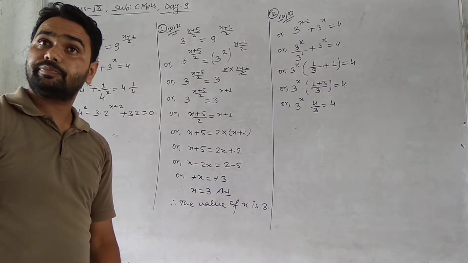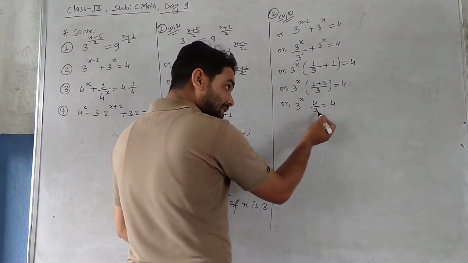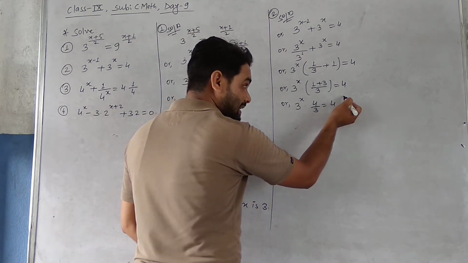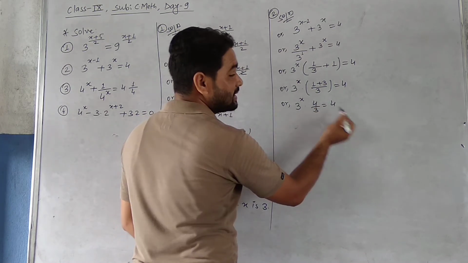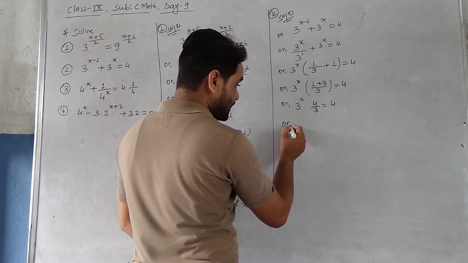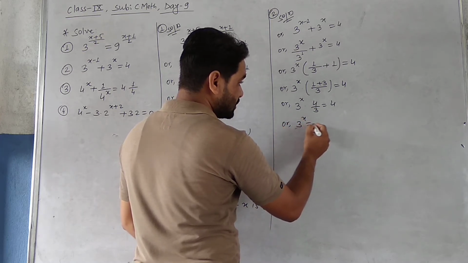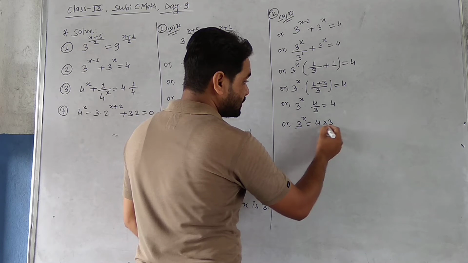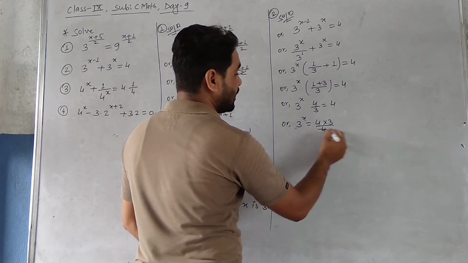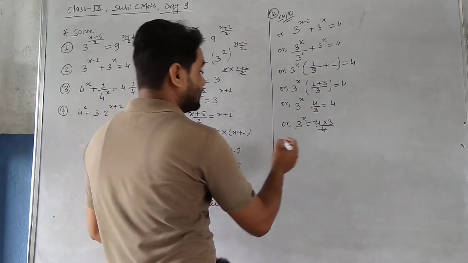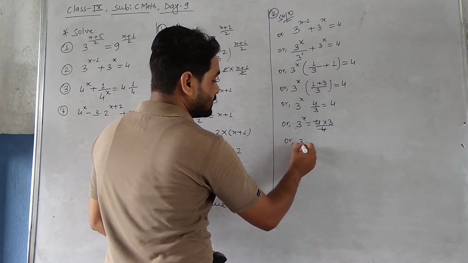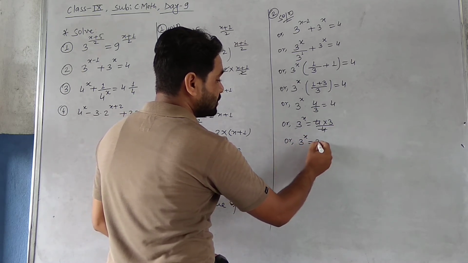Now this 3 is divided on this side, then it multiplies; this 4 is multiplied on this side, then it divides. So let's do that. 3 power x equals to 4 into 3 upon 4. Now 4 and 4 we can cancel, yes or not? And we get 3 power x equals to 3.